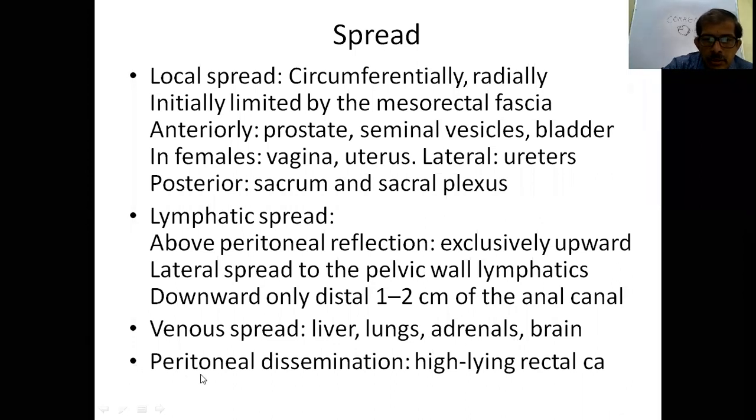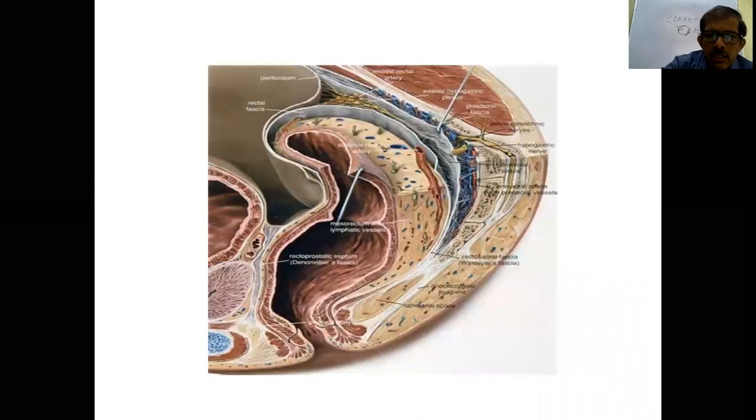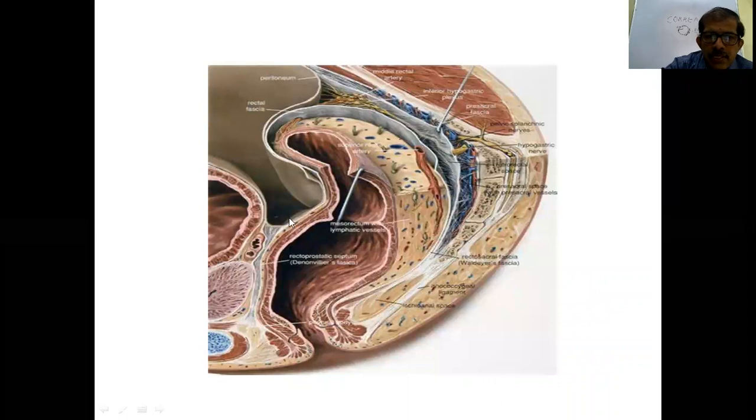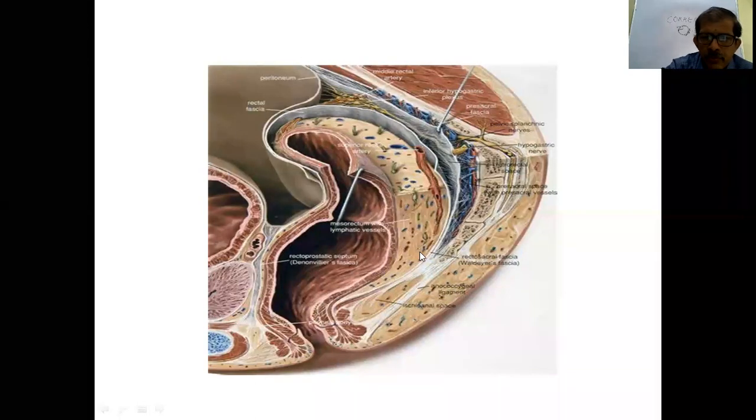And once it has breached the mesorectal fascia, as I have shown you today also, it can affect the local peritoneum.